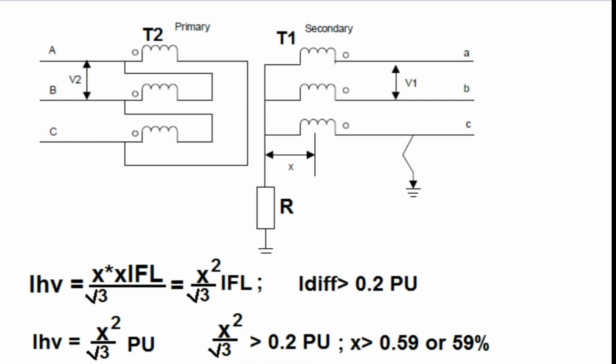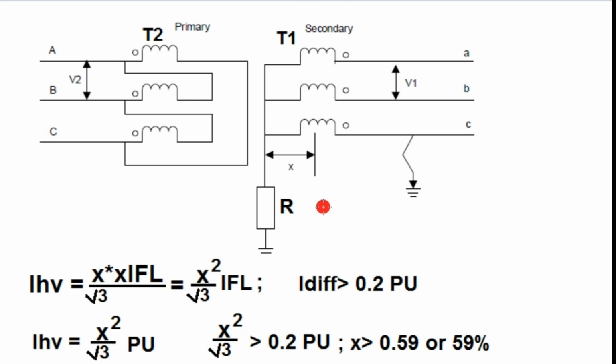By solving this equation, we can get the value of X, that is the percentage of the winding from the neutral point at which the fault occurs. That is X equal to 0.59 or 59%.